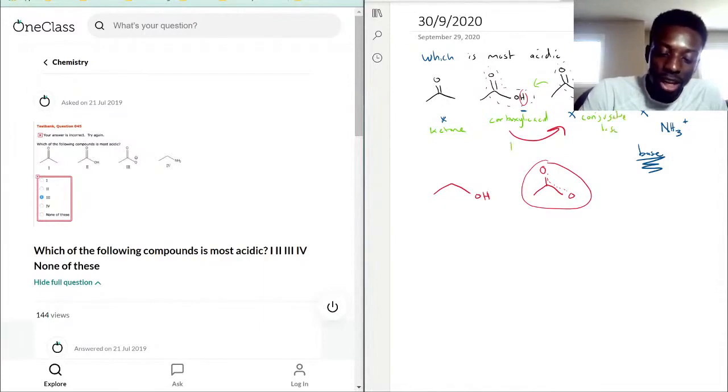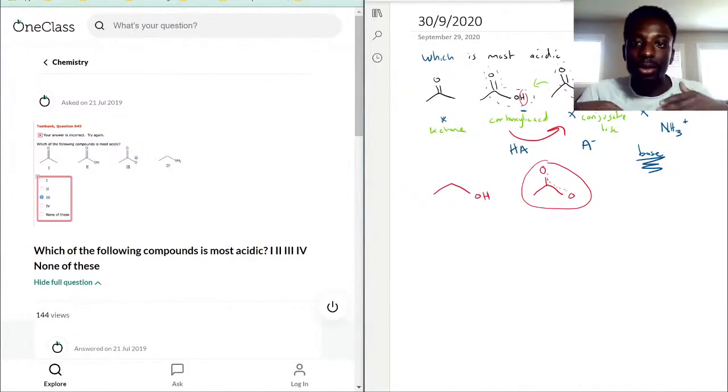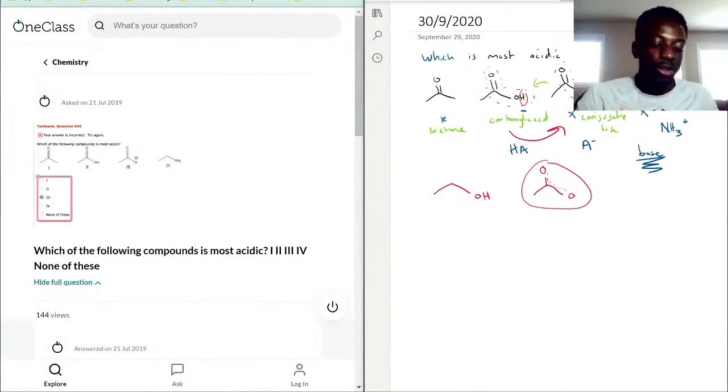If this was HA, this carboxylic acid, this would be its A minus. That means it wouldn't work because it's already done its job of giving away the hydrogen. And lastly, this right here is an amide, and most amides are basic. So if you were familiar with nomenclature and could recognize them based on their formula, you could also figure out which is the most acidic.